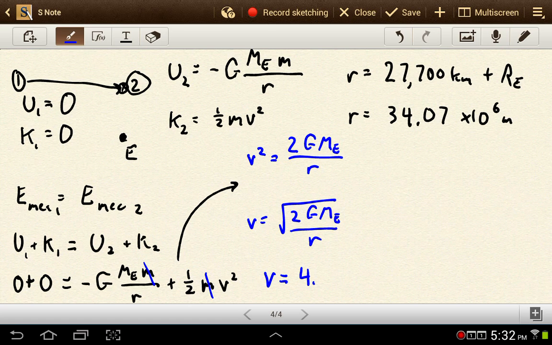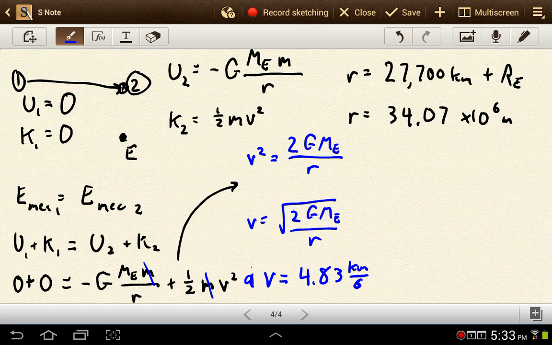Okay, I guess that's right. Could have sworn, let me make sure. Okay, all right, I guess that must be it. So that is 4.83, I'll go one more, kilometers per second, for part A.